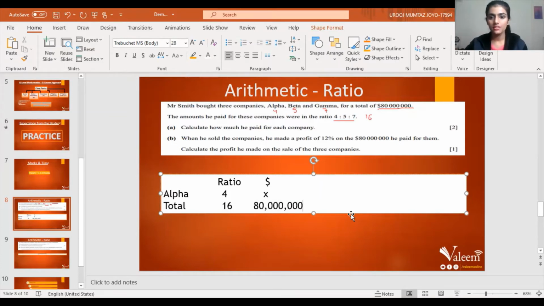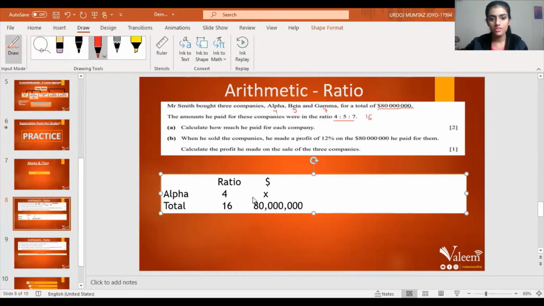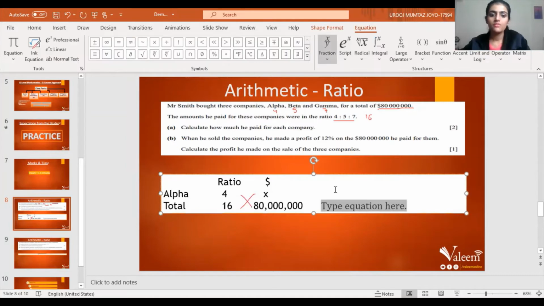And the only thing you need to do is the simplest thing, cross multiply. That's it. If you cross multiply this, 16 is multiplying with x, so it will be 16x equals 80 million multiplied by 4.